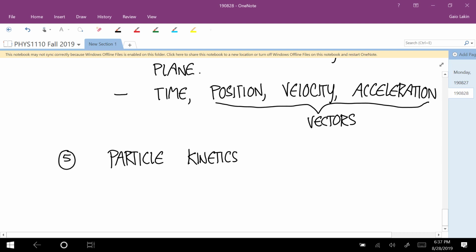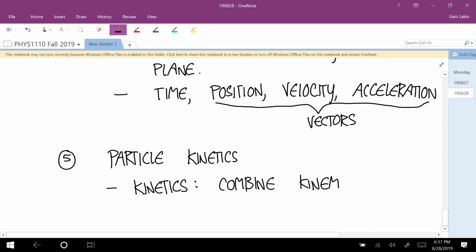Okay, so particle kinetics means combining kinematics, the description of the motion, with the causes of the motion.